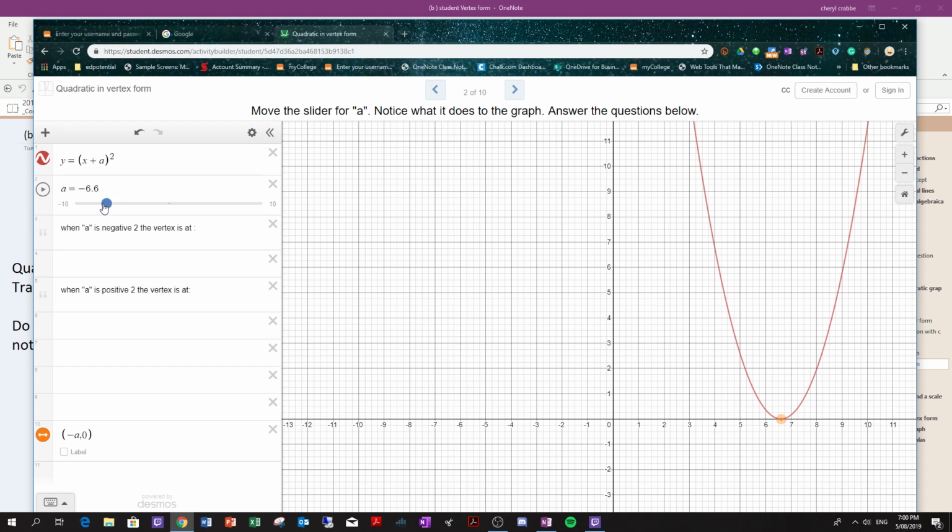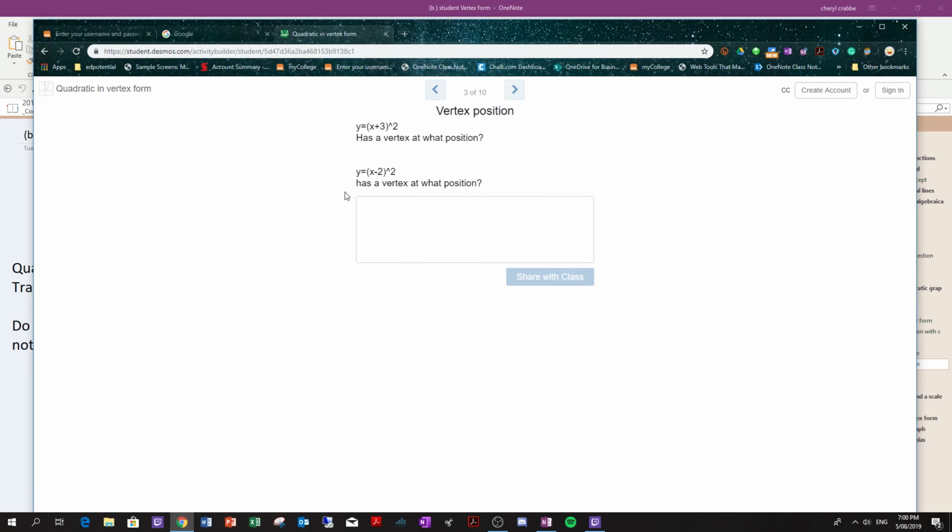If you have a +2, the move is to the left of 0. If you have a -2 or a -3, it's to the right of 0. So we've learned something about the point inside the bracket. So if we give x plus 3 all squared, what's the position of the vertex?